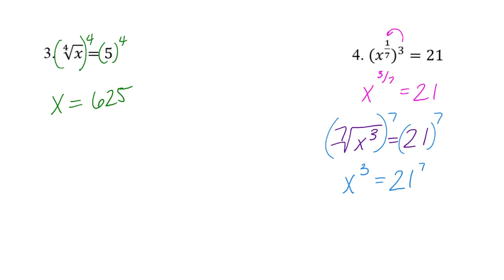I mean, you can, but it kind of gets yucky. So what we want to do next is get rid of the 3rd power on the x. So we're going to have to do the cube root on both sides. And so then our final answer is going to be x equals 21 to the 7/3 power. And that's how we solve for x. And yet again, that's a nice, pretty answer. Whereas if you type that in the calculator, you're not going to get a nice, pretty answer. It's really kind of yucky. It's a nasty decimal.